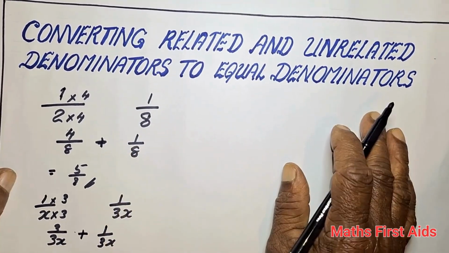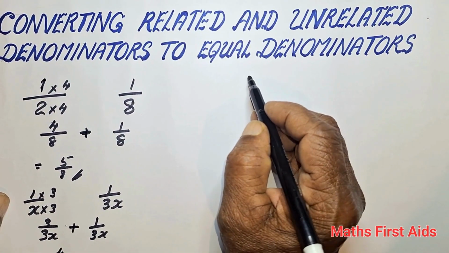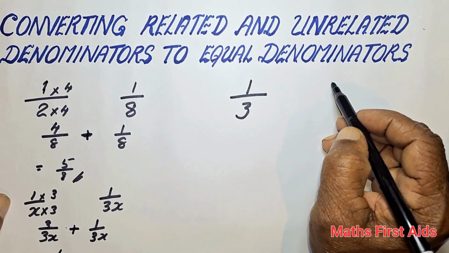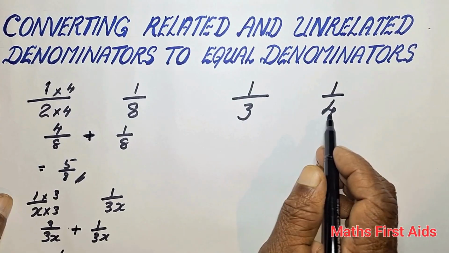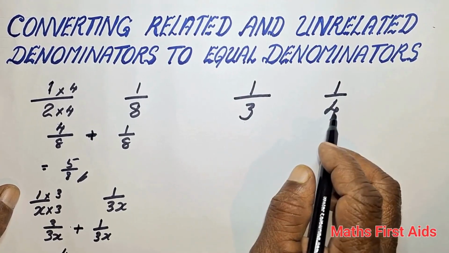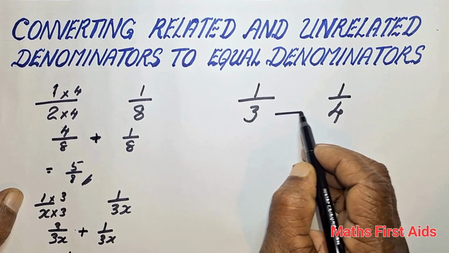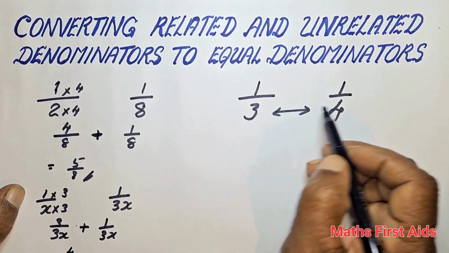So let's see what are unrelated denominators. For example, if you take 1 over 3 and say 1 over 4, now these two are not related because they are not in the same multiple. So to make them equal, what we do is we have to multiply each one by the other.